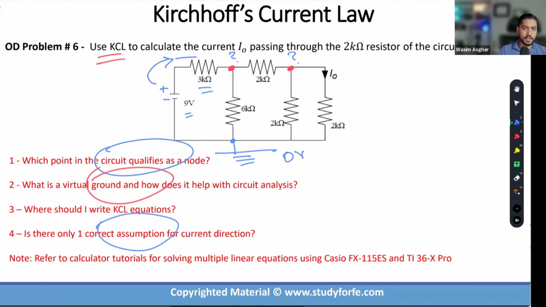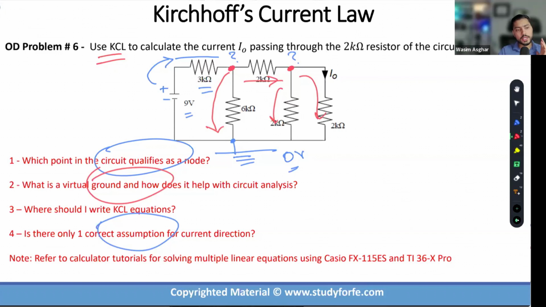Now, if this is the only source, think about it like a water pump that is pumping current through the 3K resistor, right? And think about the 0 volt as a ground reference. So under the action of gravity, current will probably flow like this, and it will all come back to the 0 volt reference. Does it make sense?